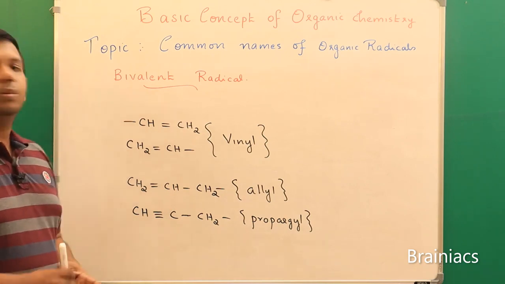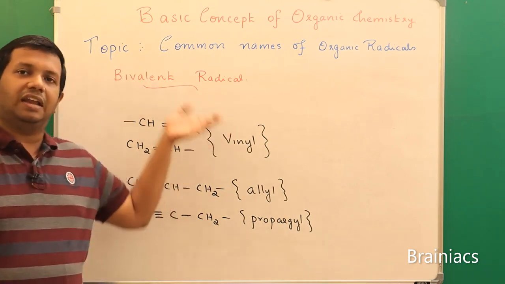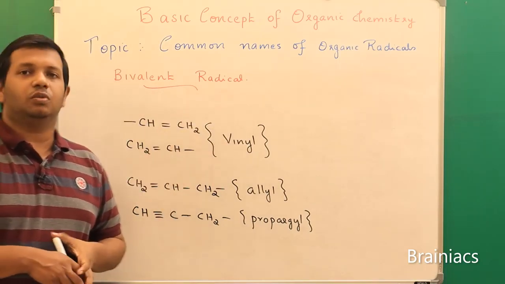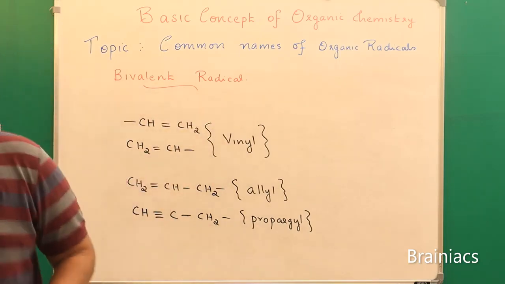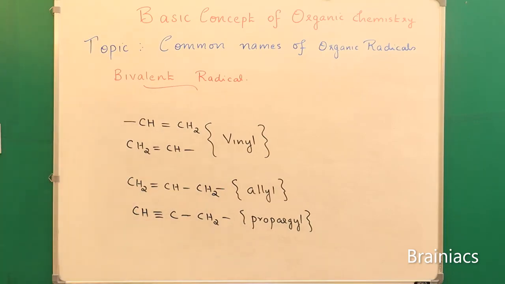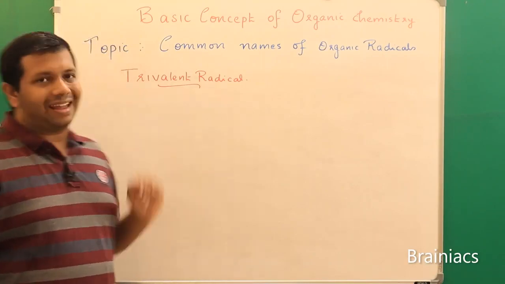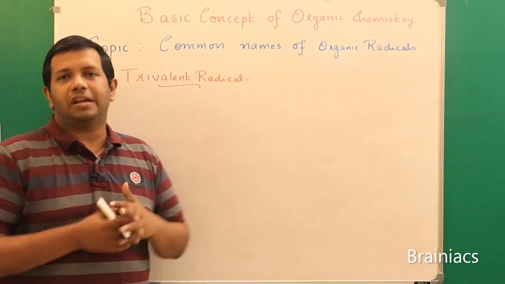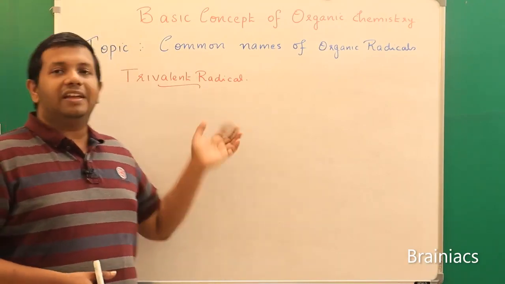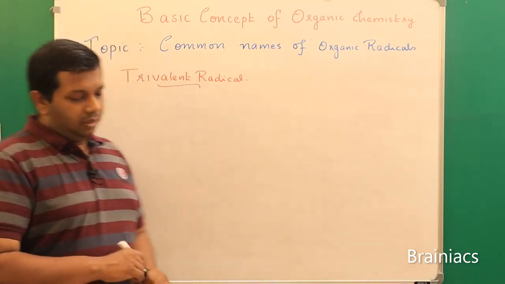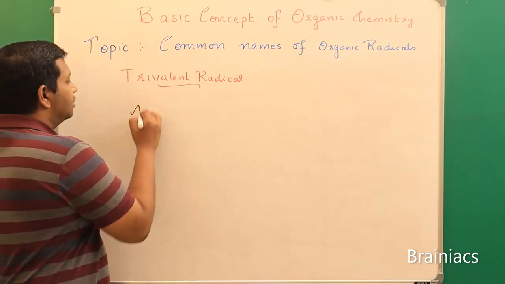Next we will see what a trivalent radical is and its way of naming, and some aromatic radicals also, which is very important. So what is basically a trivalent radical? In a trivalent radical, 3 hydrogen atoms are replaced, correct? For example, take an alkane.